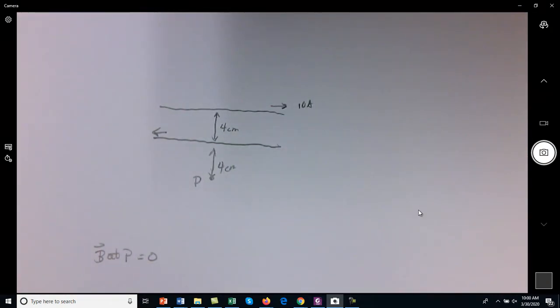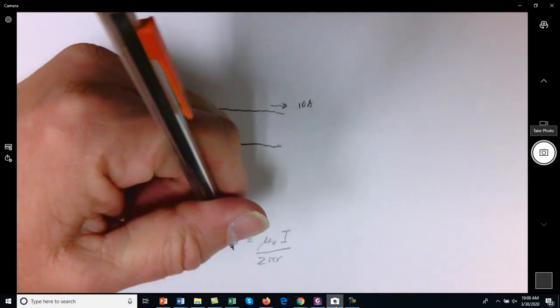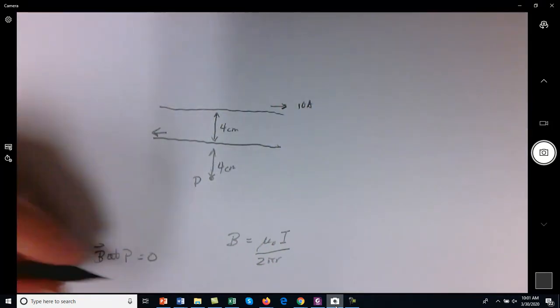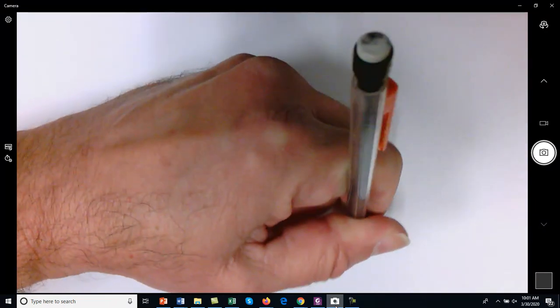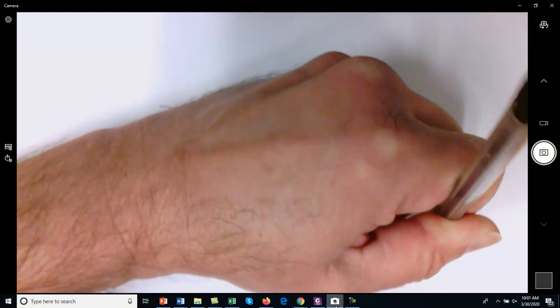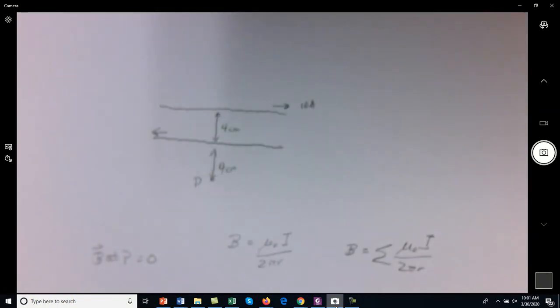We go back to our governing equation. We know that our magnetic field at this instant is the sum of all the mu sub O I over 2 pi R terms going in specific directions.